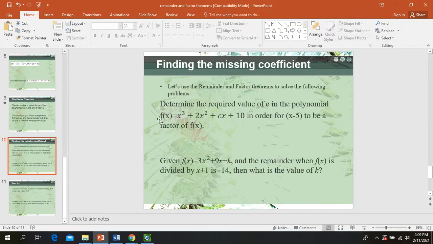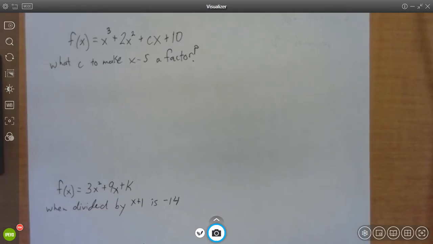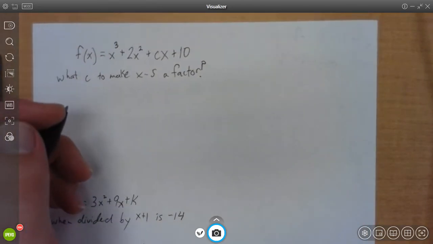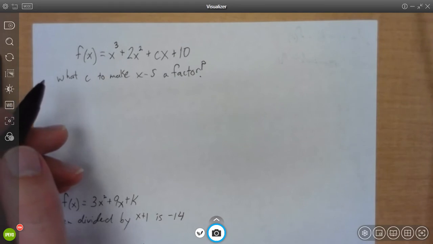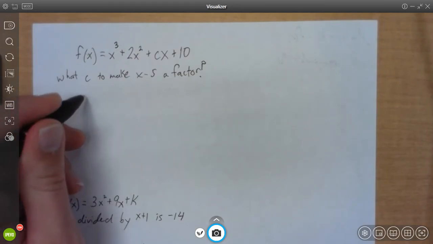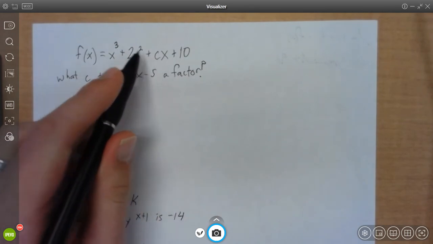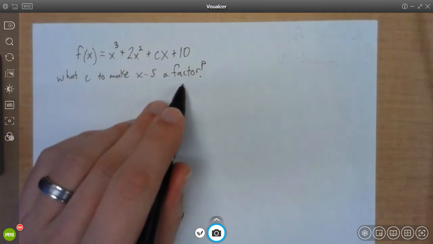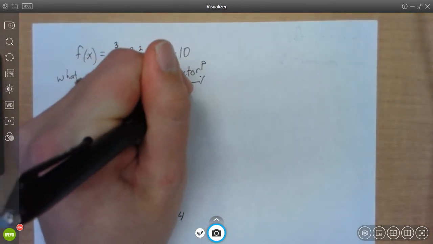Well, let's think about that. We can either guess and check. We could set up a whole bunch of different long division problems and try out different values of c. Since this is a factor, then the remainder should be 0.